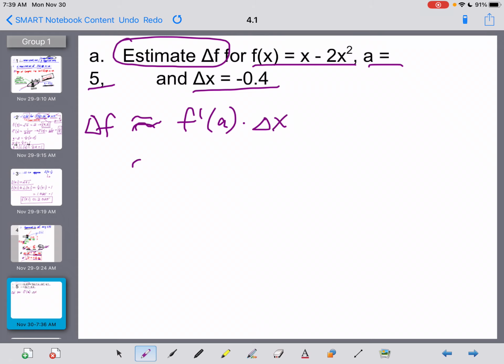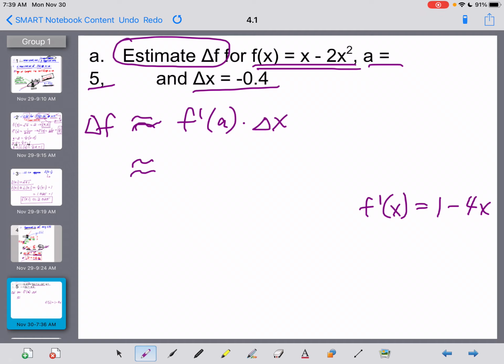So what are we going to need in order to pull this off? Well, for starters, we need f prime of a. You can't find f prime of a, though, until you have found f prime of x. So let's jump down to the side here. F prime of x, then, is the derivative of f of x, which is located right here. So that derivative, I think we can just do using the power rule, is going to be 1 minus 4x.